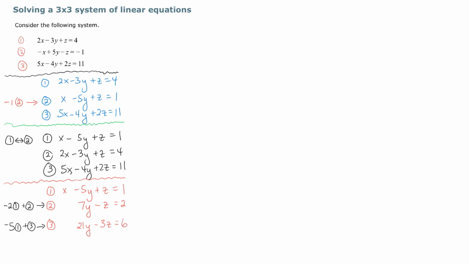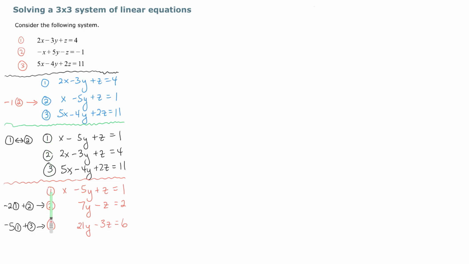So at this point, what you want to realize is how organized things are. Look how organized things are. All the x's are in one column, all the y's are in a column, all the z's are in a column. Everything's labeled with 3 equations, 1, 2, and 3.